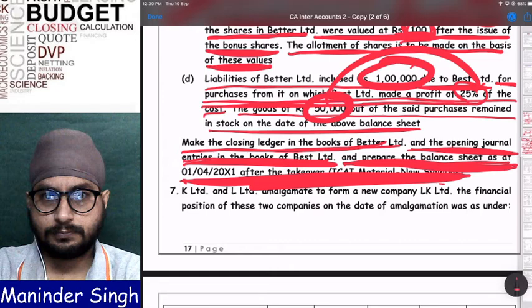Now tell, are debtors and creditors calculated on cost or on sales? Sir, this 25% is on cost, 1 by 4 is on cost. So how much will it be on sales? Plus 1, 1 by 5. Correct or not? 20%. So calculate 50,000 by 20%. How much?